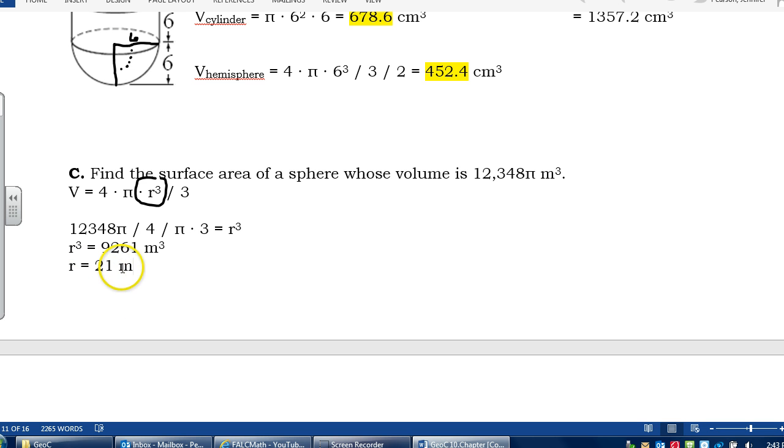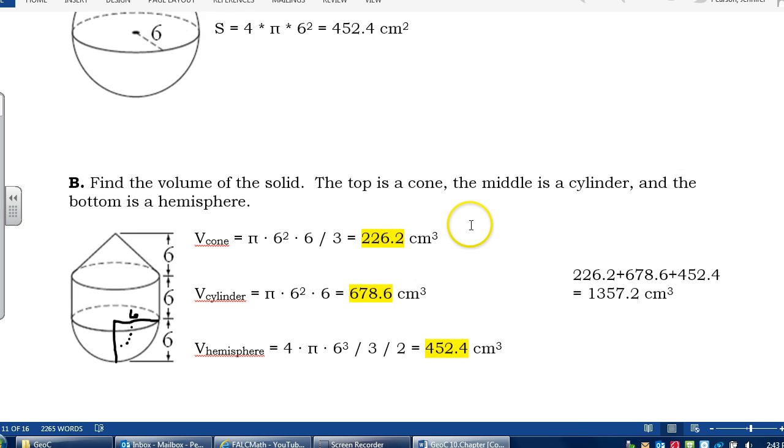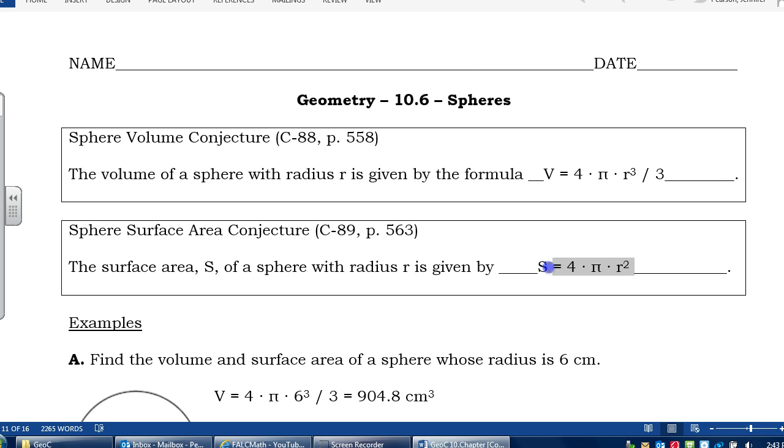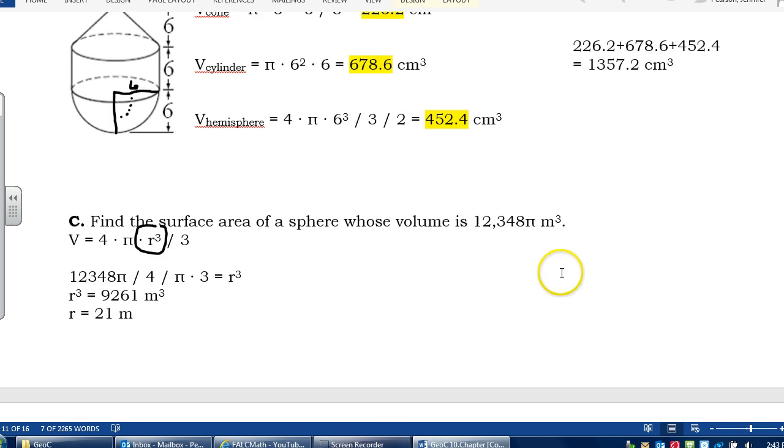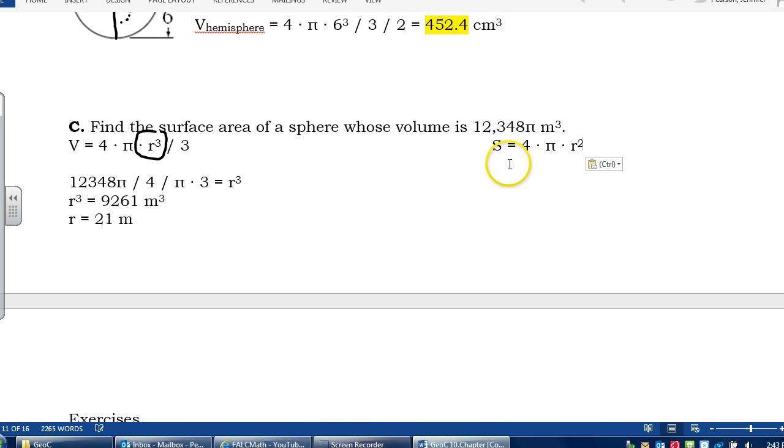Now I'm going to apply 21 meters in my surface area formula. So that will be 4 times pi times my radius squared.